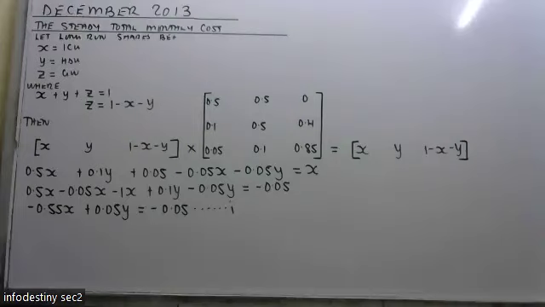Now the question, wait. 0.4, yeah, 0.5x plus 0.5y plus 0.1 minus 0.1x minus 0.1y is equal to y.